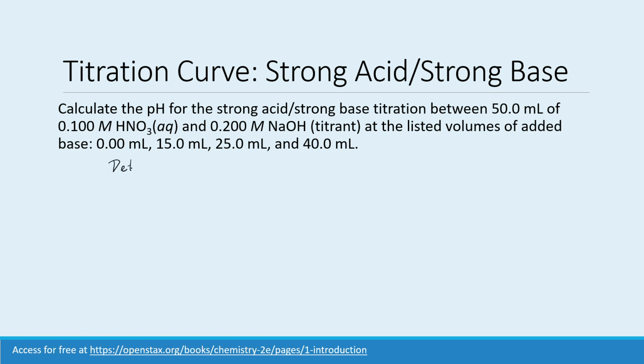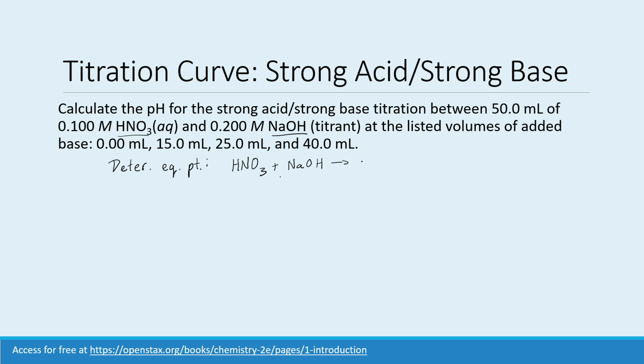So let's determine the equivalence point by first writing out the reaction. We have nitric acid, HNO3, reacting with sodium hydroxide. So we've got HNO3, which is a strong acid, reacting with sodium hydroxide, a strong base.